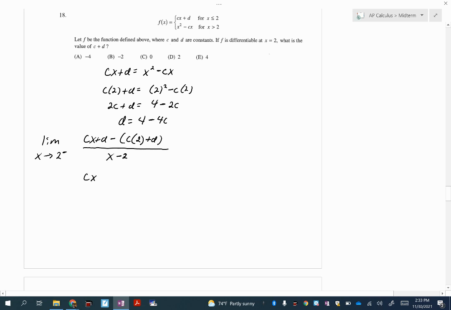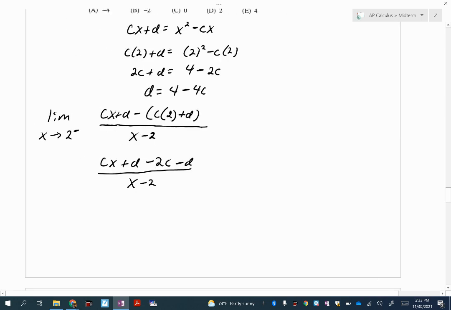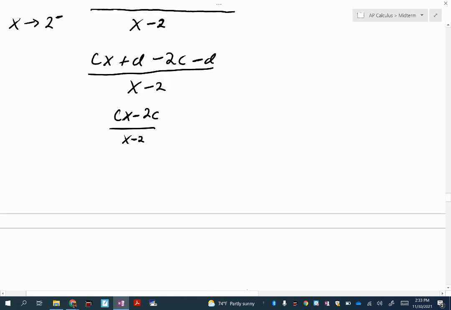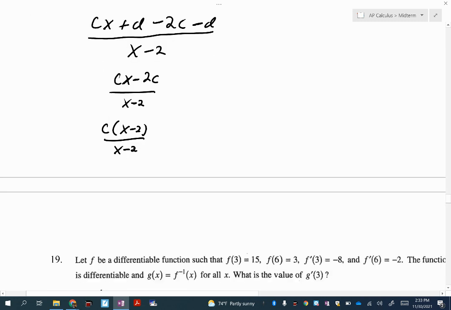So if I make this a little nicer, that's minus 2c minus d. You'll notice my d's are going to cross out, and I'm left with just cx minus 2c. I'm going to factor out my common factor c. You notice my x minus 2's will cross out, so the limit as x approaches 2 from the left of this is just going to be equal to c.